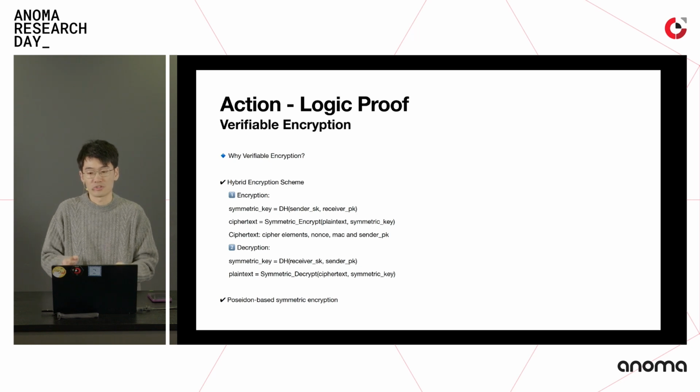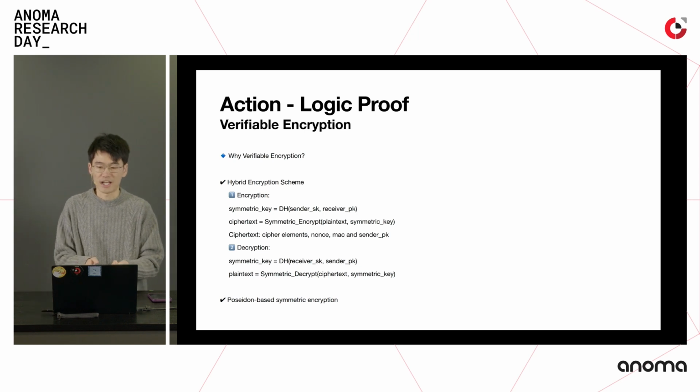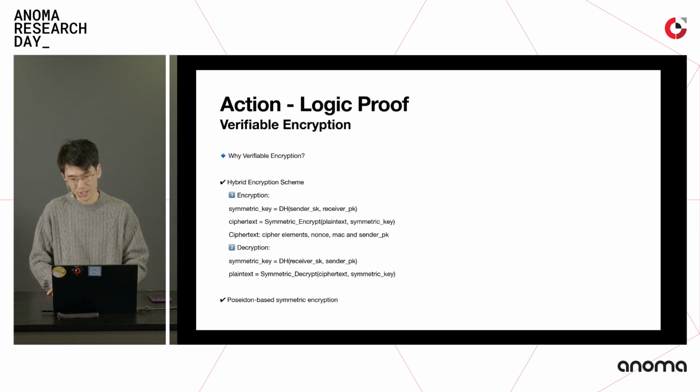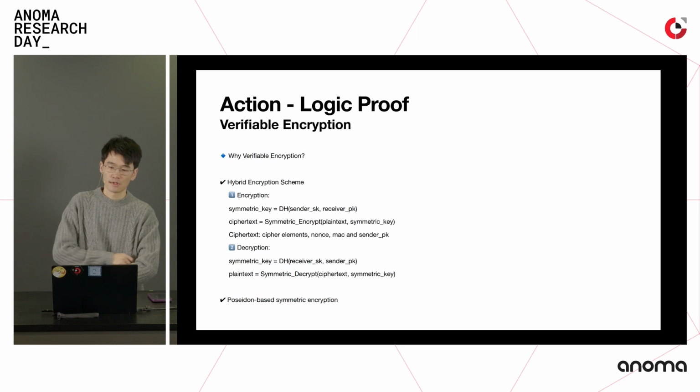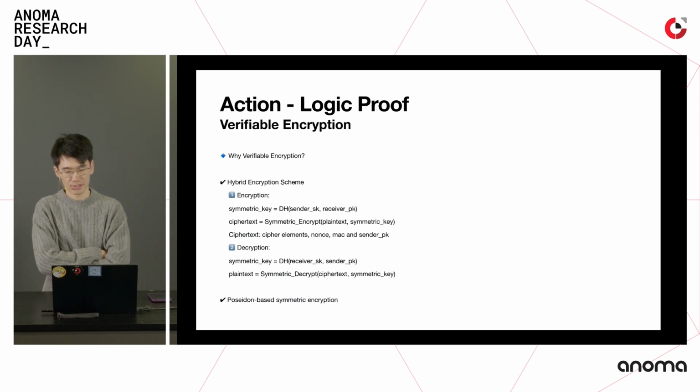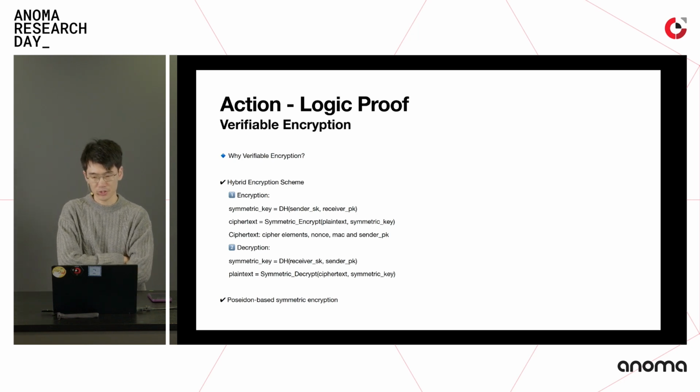So, because it's verifiable, the receiver with the correct secret key can definitely decrypt the ciphertext. To make the encryption efficient, we are using the Poseidon-based symmetric encryption in Cairo circuit.